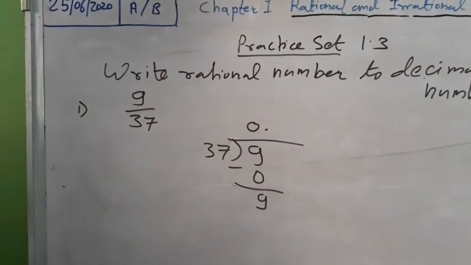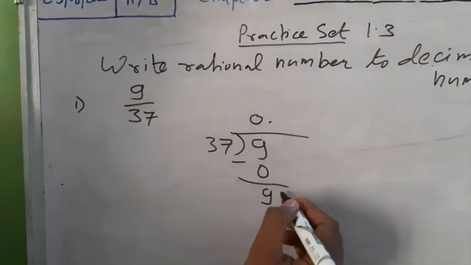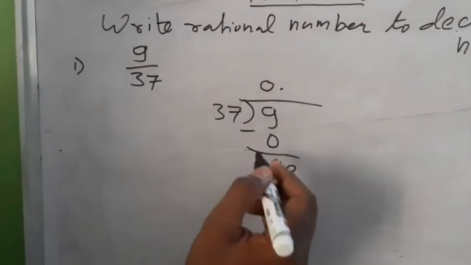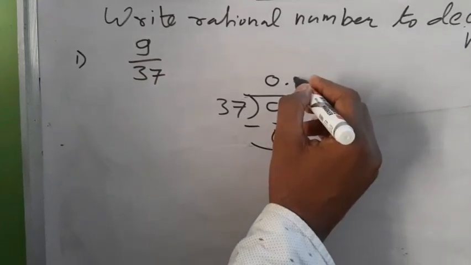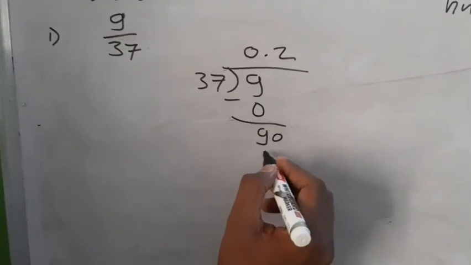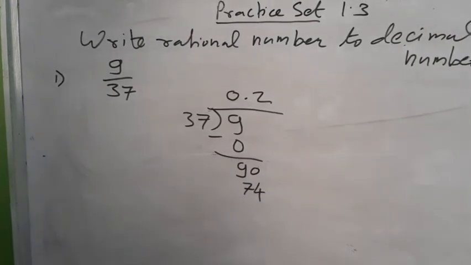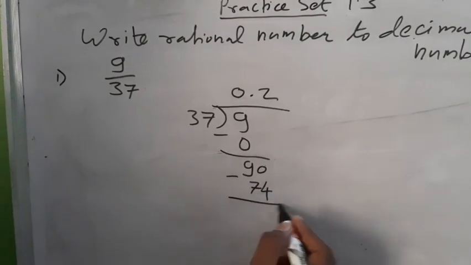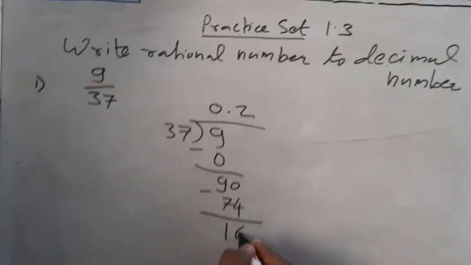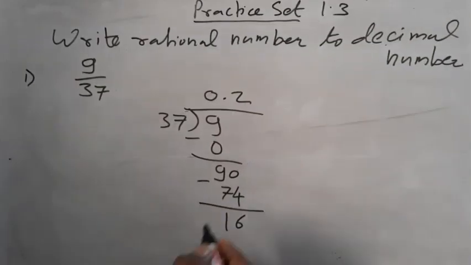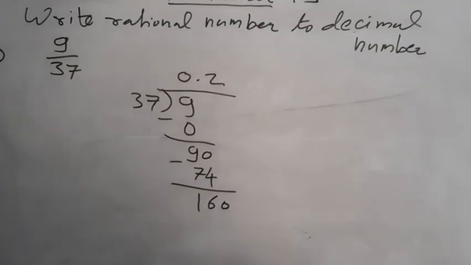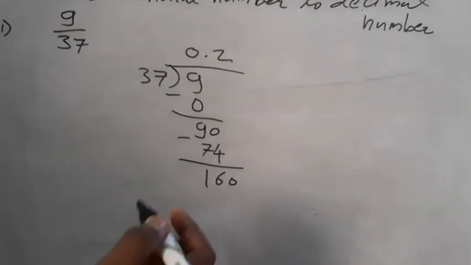After the decimal you can take any number of 0s. 37 into what? 74. Now if you subtract this, you get the answer 16. You can take one more 0, you can take any number of 0s.